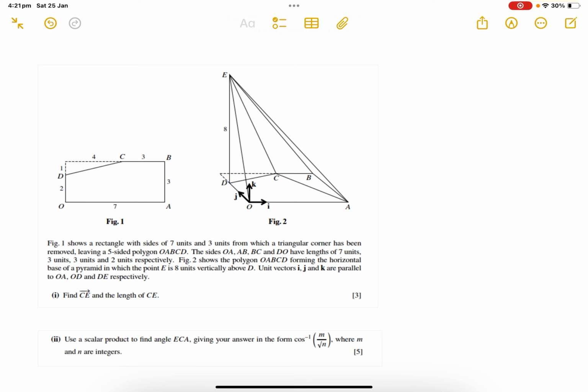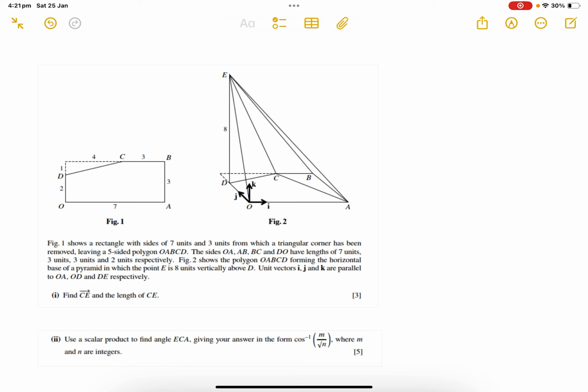In that diagram, Figure 2, we need to find a vector triangle, or vector diagram, with CE as one of its sides.